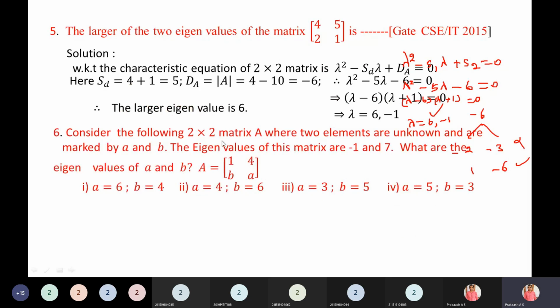Consider the following 2 by 2 matrix where two elements are unknown and are marked by A and B. The eigenvalues of this matrix are minus 1 and 7.